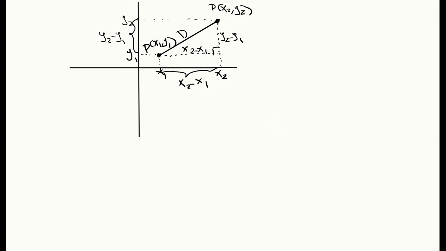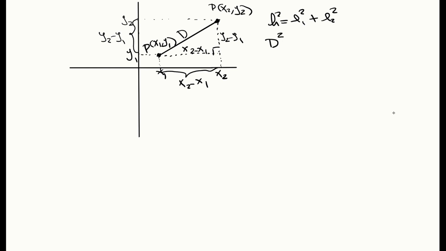So let's go ahead and use the Pythagorean theorem, which says, I'm going to start it with h squared equals L1 squared plus L2 squared. So the length of the hypotenuse squared is equal to the sum of the squares of the lengths of the two legs. And here h is just going to be d.